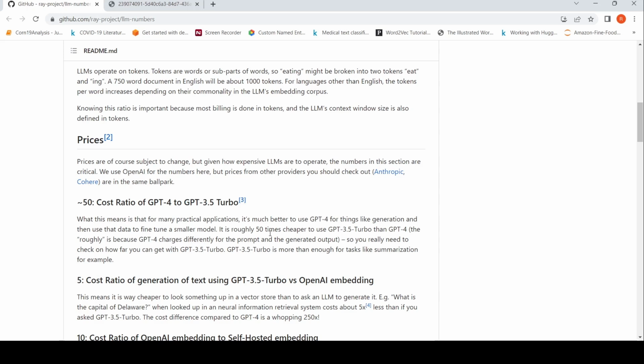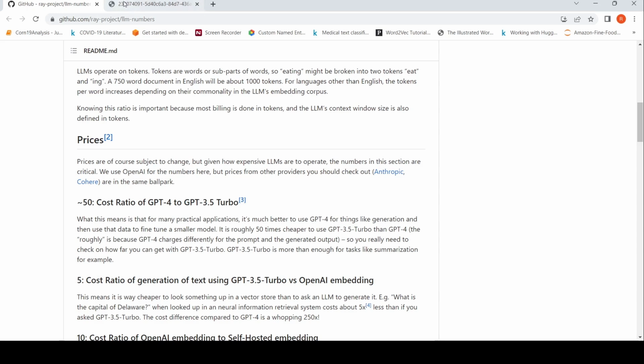It is roughly 50 times cheaper to use GPT 3.5 turbo rather than GPT-4. The "roughly" is because GPT-4 charges differently for the prompt and the generated output. So you need to check how far you can get with GPT 3.5 turbo. GPT 3.5 turbo is 50 times cheaper than GPT-4.